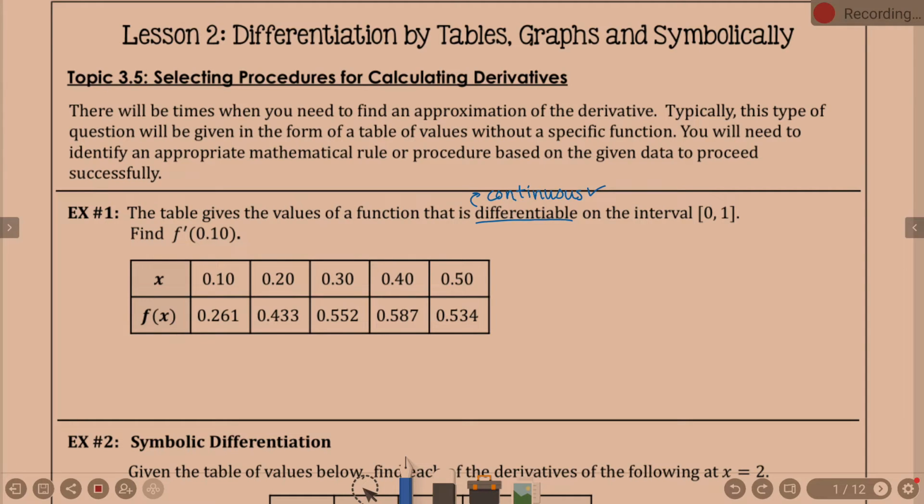Thoughts on how to find f prime of 0.1? Pretty much slope, right? Officially, I'm going to use the phrasing average rate of change, but when we talk average rate of change, we're pretty much talking slope.